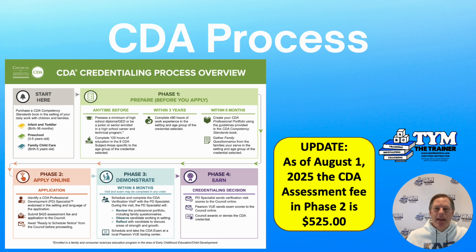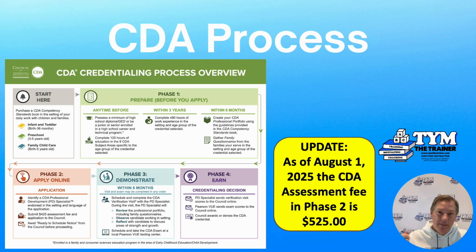All right. Now, after you complete your CDA course with timthetrainer.com, you're not done. That's just the first couple of steps right there. The biggest part is that you've got to make that commitment to applying for your CDA with the Council for Professional Recognition. And you're going to do that online.